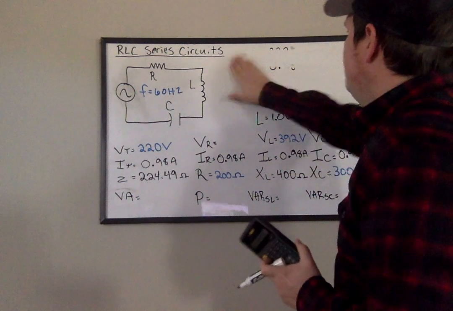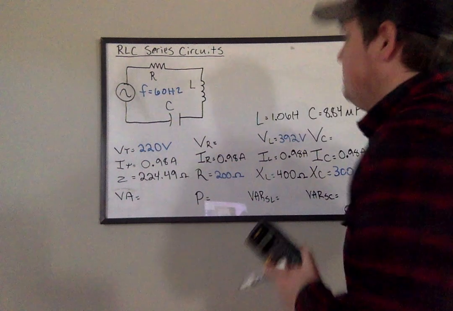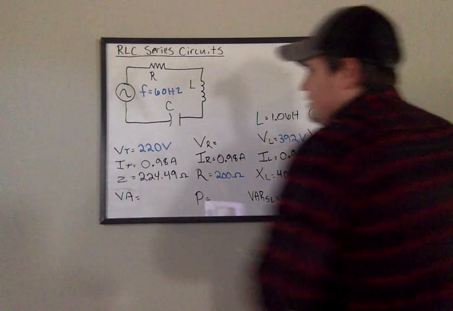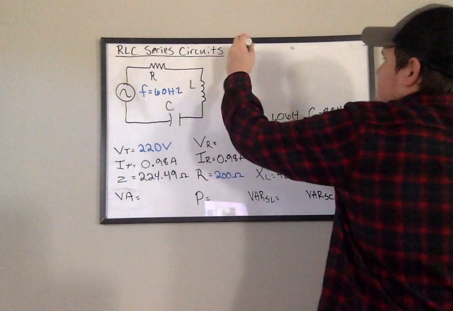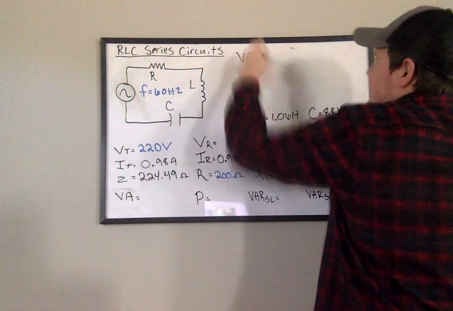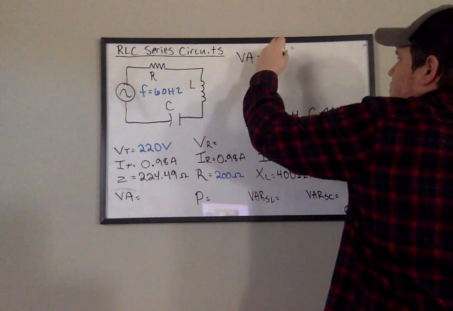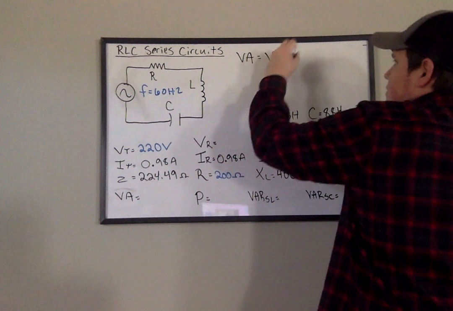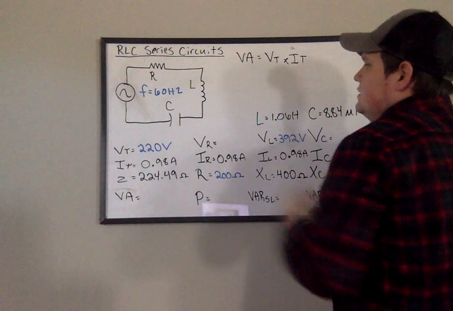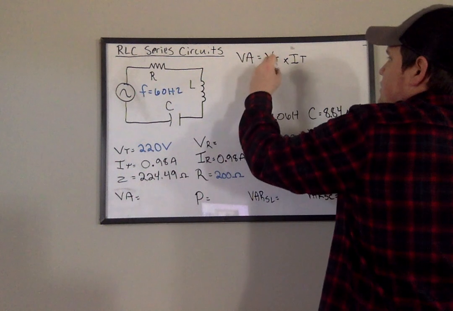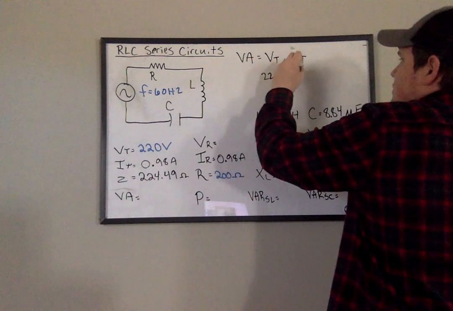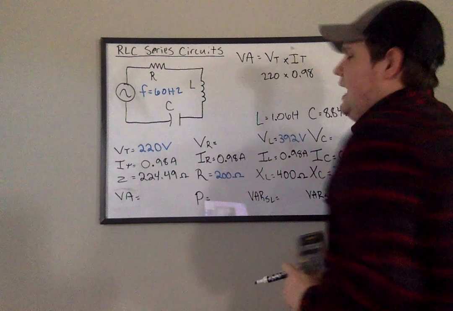So in order to find VA, VA is equal to voltage total times current total. So that gives me 220 times 0.98.